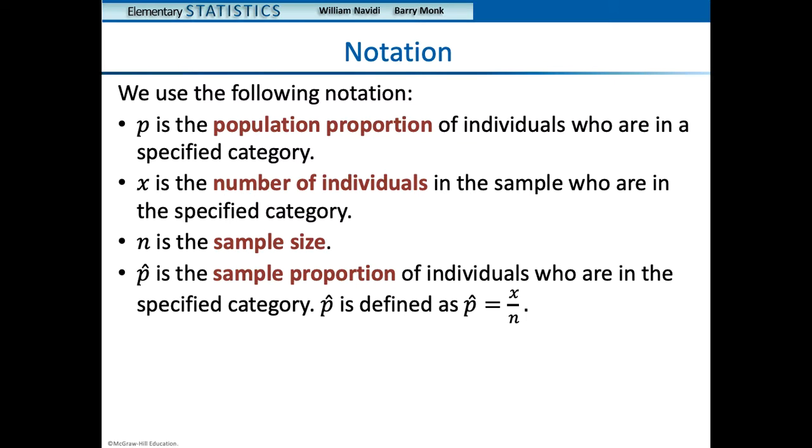Lowercase p is the symbol we use to represent the population proportion of individuals who are in a specified category. x is the number of individuals in the sample who are in the specified category. n is the sample size. p hat is the sample proportion of individuals who are in the specified category, and p hat is defined as x divided by n.